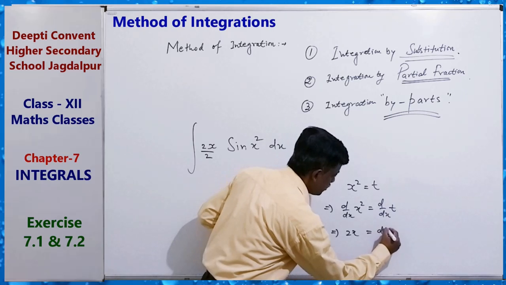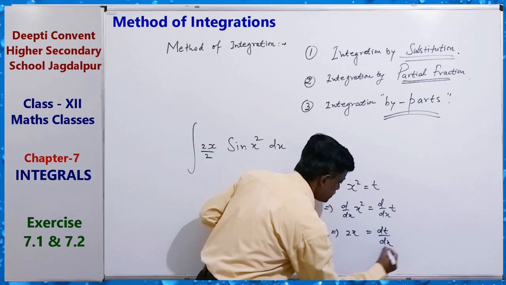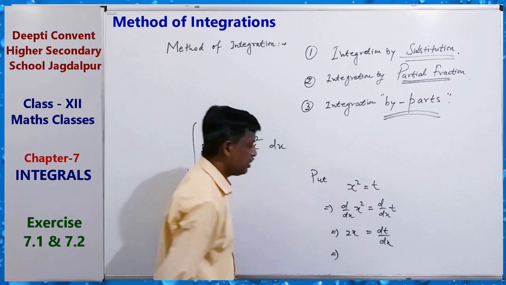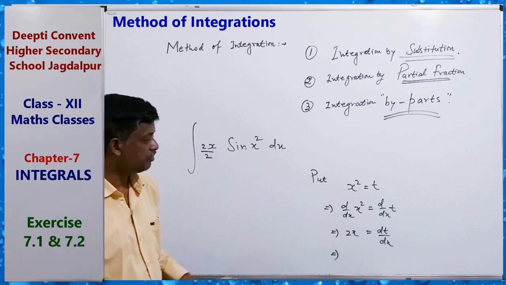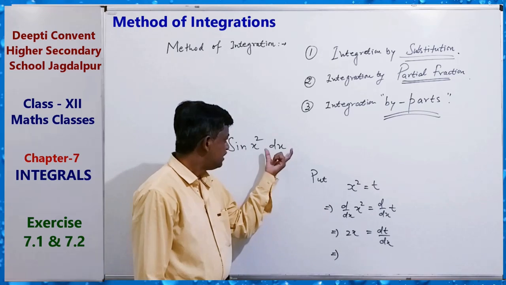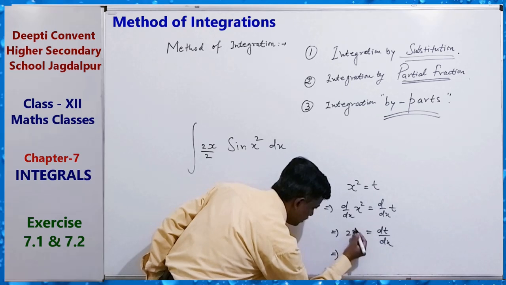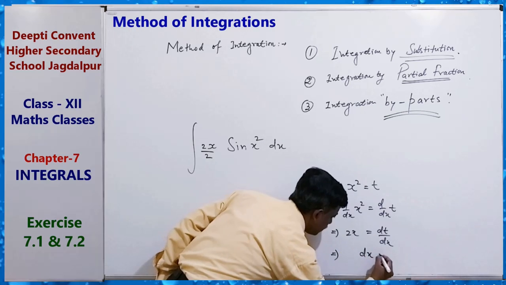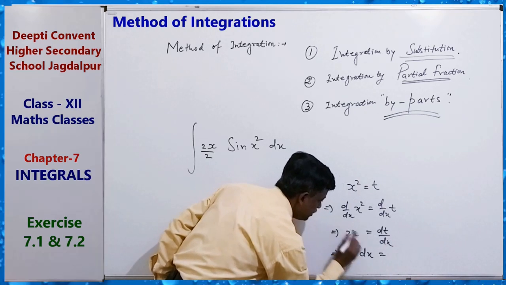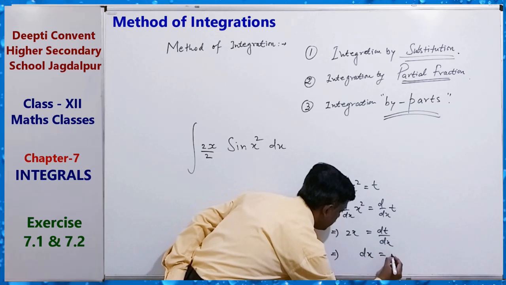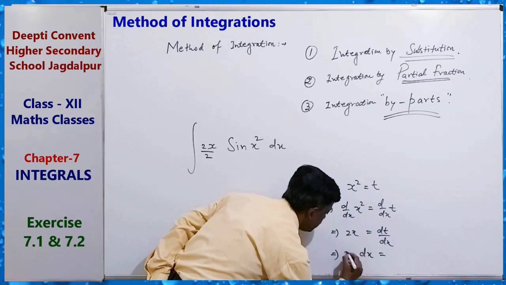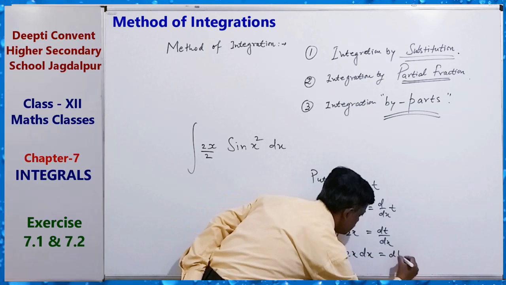Here, from dt by dx, we need to find the value of dx. So 2x dx equals dt.